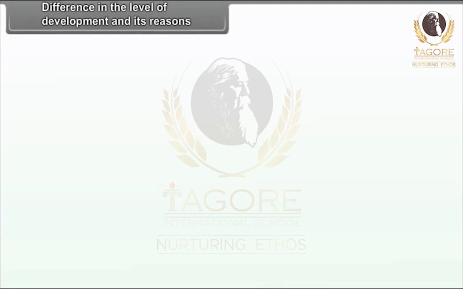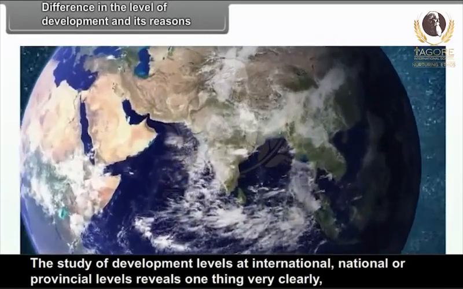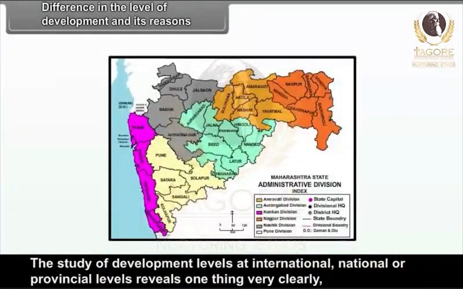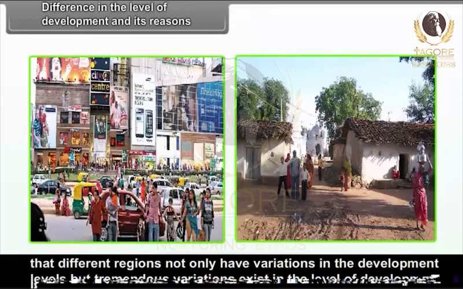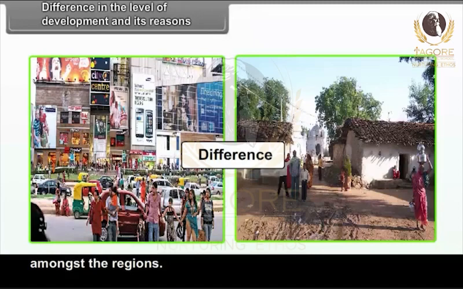Difference in the levels of development and its reasons. The study of developmental levels at international, national or provincial levels reveals one thing very clearly, that different regions not only have variations in the development levels, but tremendous variations exist in the level of development amongst the regions.